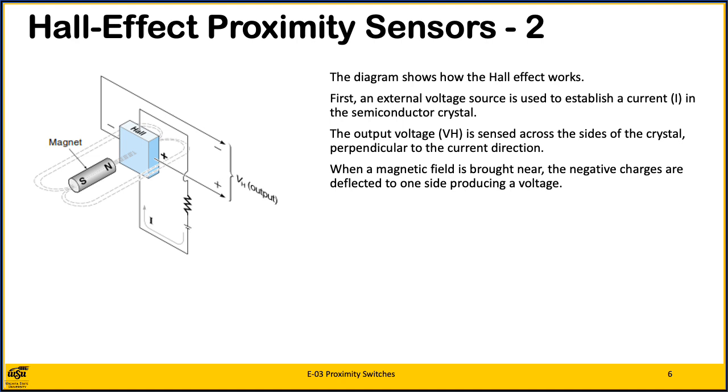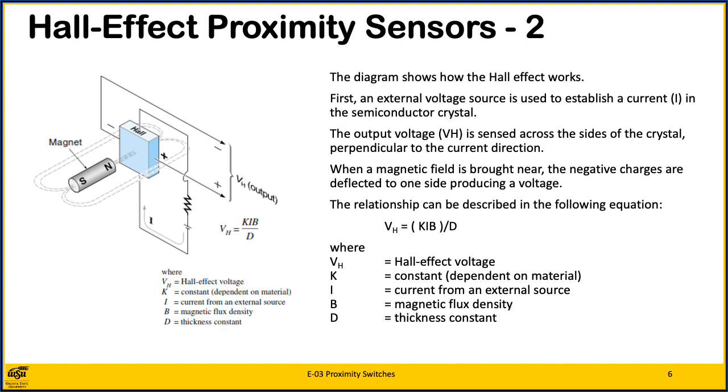When a magnetic field is brought near, the negative charges are deflected to one side, producing a voltage. The relationship can be described in the following equation. VH = KIB/D, where VH is the Hall effect voltage, K is a constant depending on the material, I is the current from the external source, B is the magnetic flux density, and D the thickness constant.